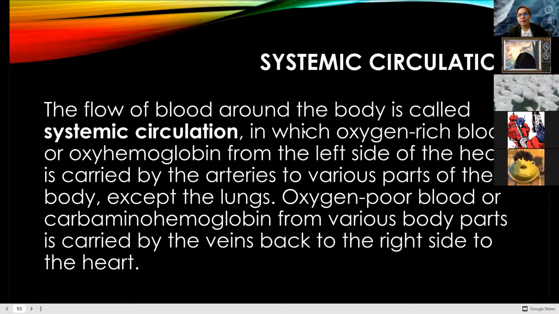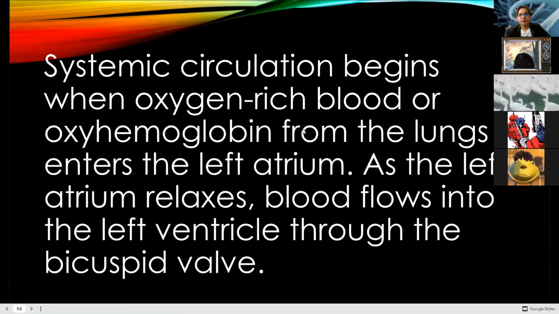So after the blood circulates into all parts of the body, it will return to the heart, and the pulmonary circulation will repeat again and again. Systemic circulation begins when oxygen-rich blood or oxyhemoglobin from the lungs enters the left atrium through what?